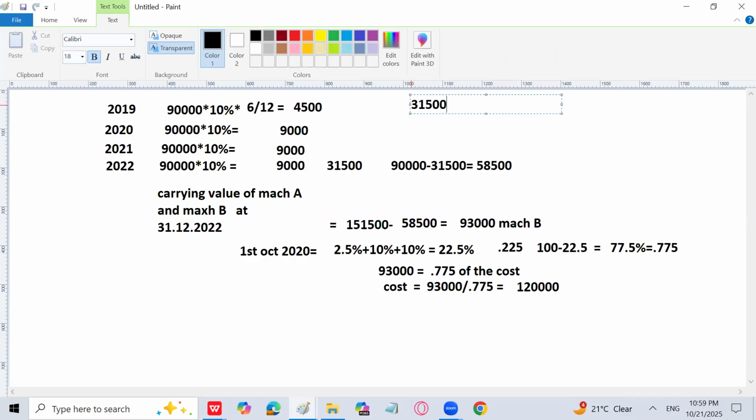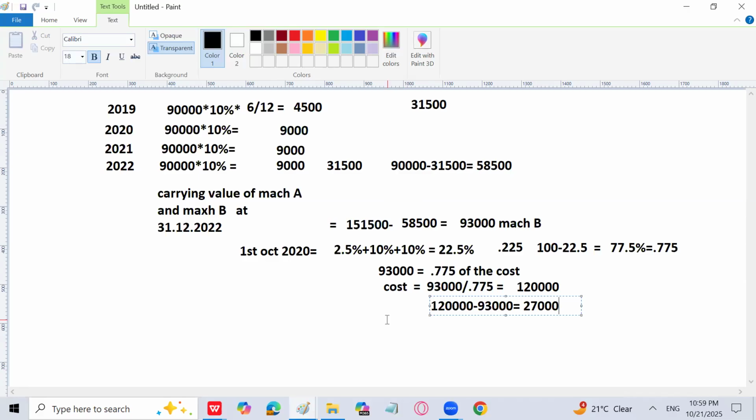And on machine B, we can easily calculate the depreciation also. How come? 1,20,000 minus 93,000. So what is going to be the amount? Can you calculate it with me? 27,000.